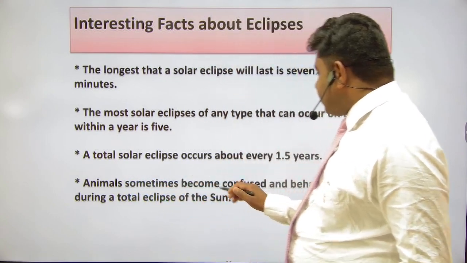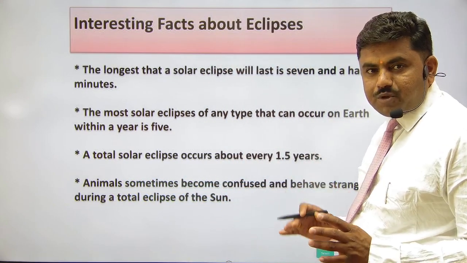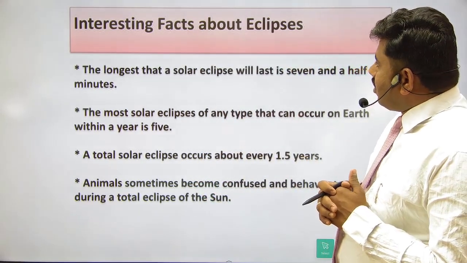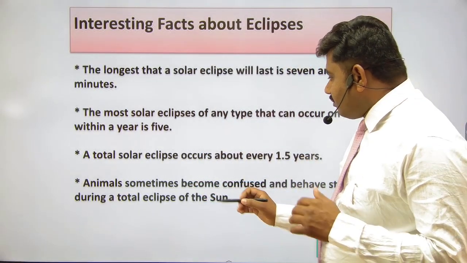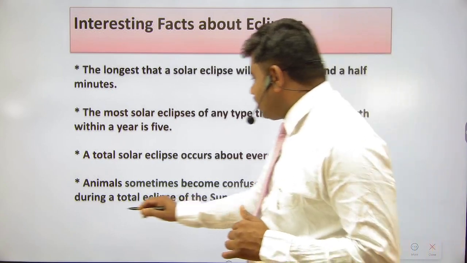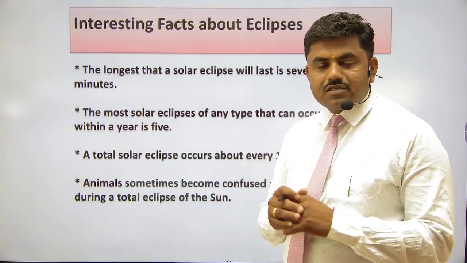Animals sometimes become confused during these eclipses and behave strangely during total eclipses of the sun.